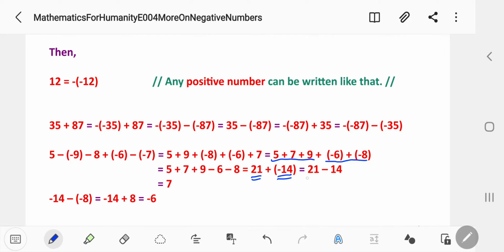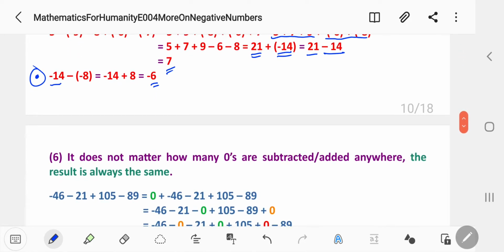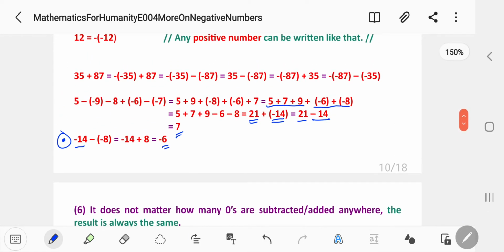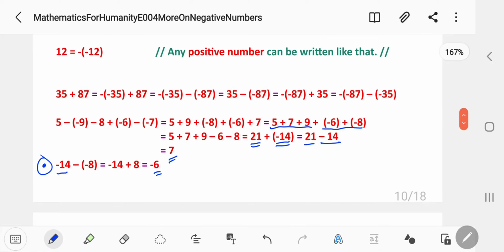So this one is now 21 minus 14. 21 minus 14 is 7. And of course you have here the last one, negative 14 minus negative 8, that's just negative 14 plus 8, that's equal to negative 6. We can use the gadget. Let's take a look at this. But anyway, we will check that later.